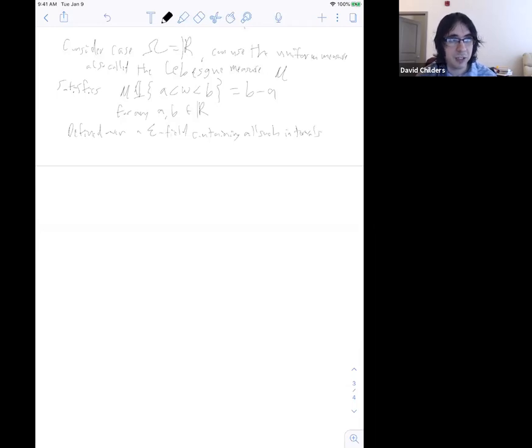And so these here are the open intervals. I did this with a strict inequality here. But by the principles of the definition of a sigma field, this sigma field must include the complements of these sets.